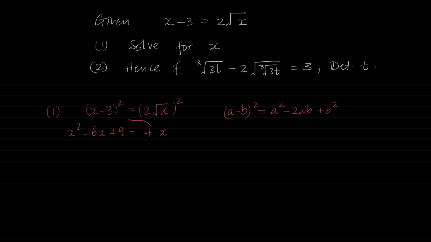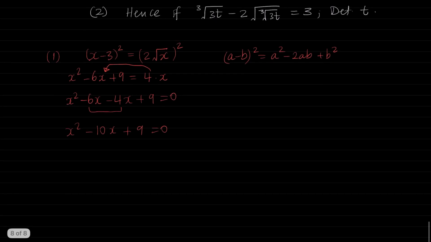Now I can take this over and write it in standard form so that I can solve it as a quadratic. So x squared minus 6x minus 4x plus 9 is equal to 0. Let's simplify these two: x squared minus 10x plus 9 is equal to 0.